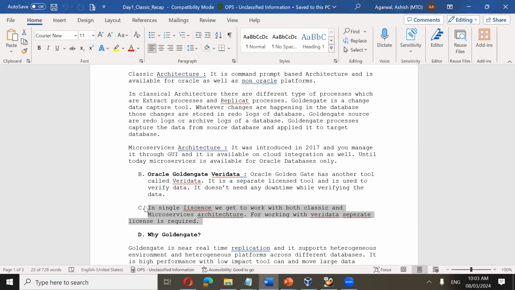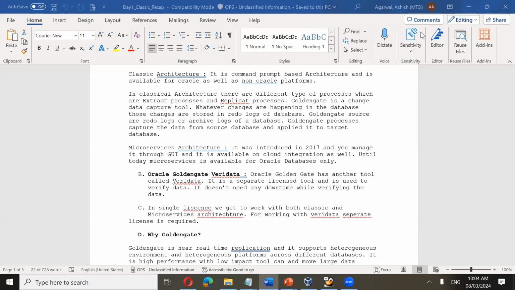Okay. So as per my discussion, what I have understood from Oracle, there is no separate license for Oracle Goldengate Microservices or Oracle Goldengate Classic Architecture. Oracle Goldengate Veridata is a separate license, but if you have Goldengate license, you can use either Classic or Microservices, because the license cost is calculated based on CPU cores, database cores.